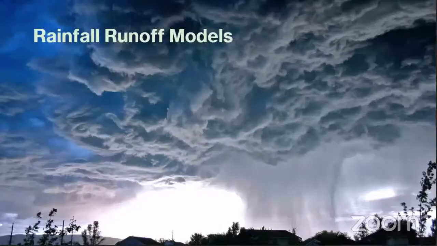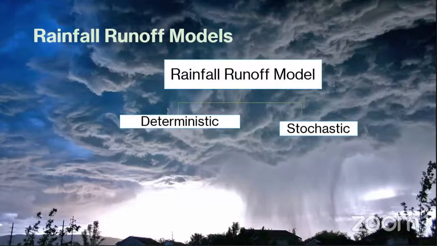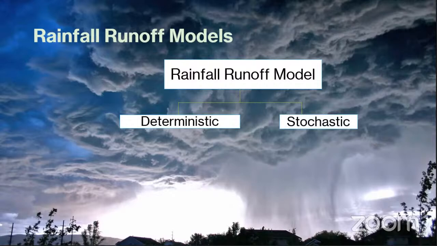When we do rainfall modeling, we must know what kind of modeling we are interested in. Suppose we are thinking of going for a deterministic model or a stochastic model. I hope in previous lectures you have understood what deterministic and stochastic models are. In brief, deterministic models are those where whenever you give inputs, they will have a specific output that won't change.